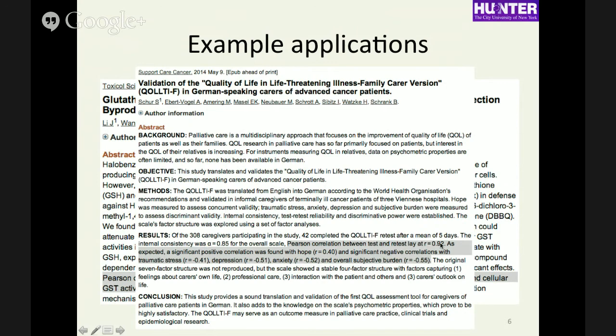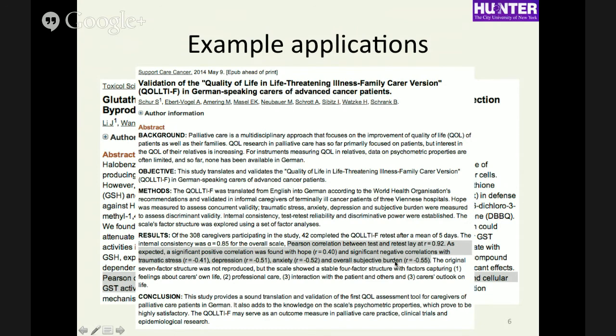So they're giving a test twice and seeing how correlated the results between just replicates of this quality of life test are. And as expected, a significant positive correlation was found with hope and significant negative correlations with traumatic stress, depression, anxiety, and overall subjective burden.